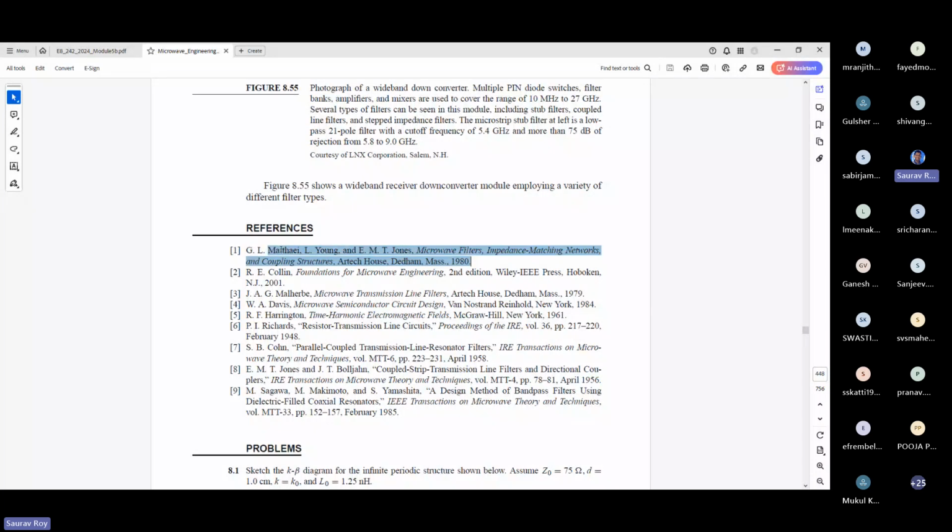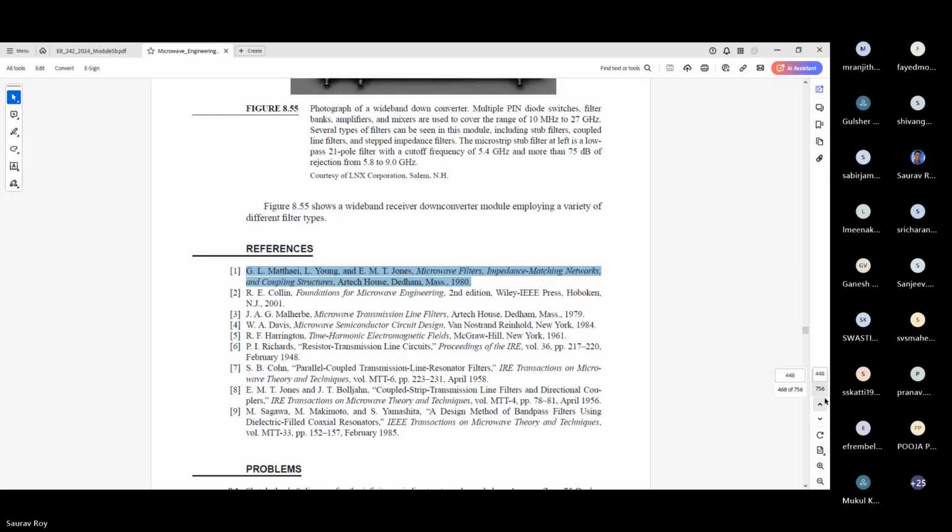This book deals with it very in depth. I have not seen that kind of design in any other book yet. Whoever is looking only for filter design, you can look into this. I will cover one or two topics in bandpass filter design.